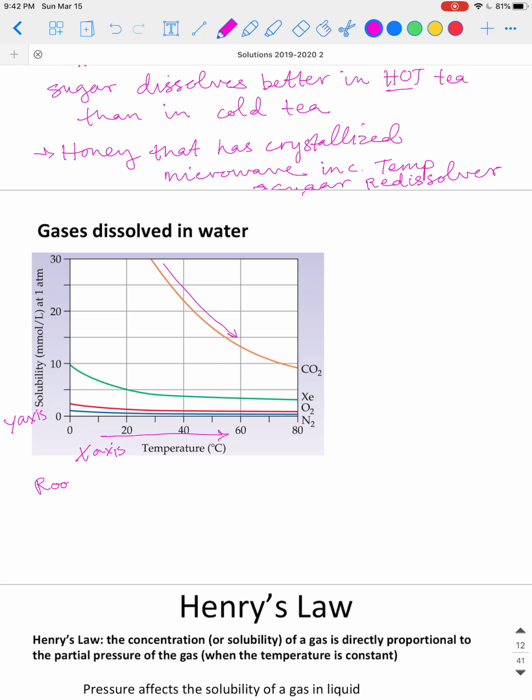Okay, so we have room temperature carbonated water versus refrigerated carbonated water.